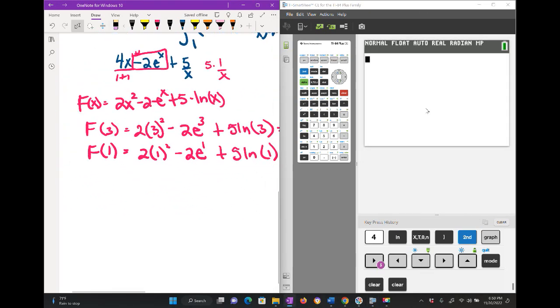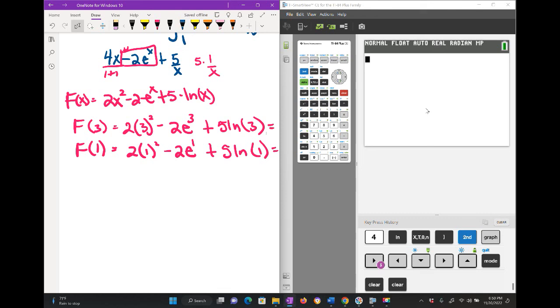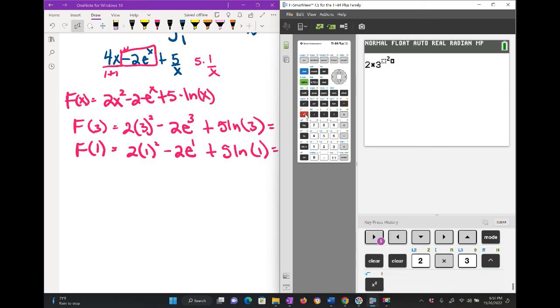You would start with 2 times 3 raised to the second, minus 2 second e to the x.